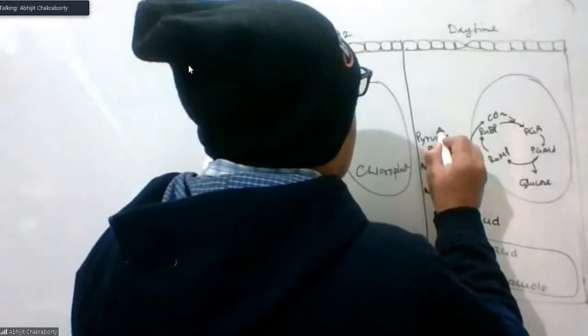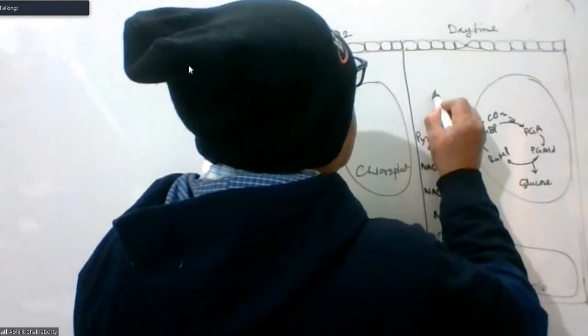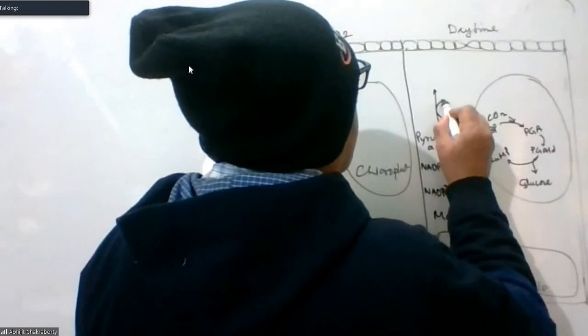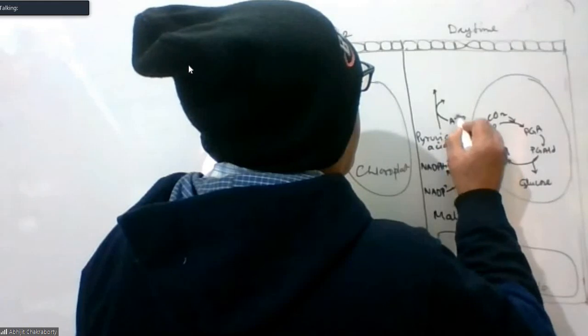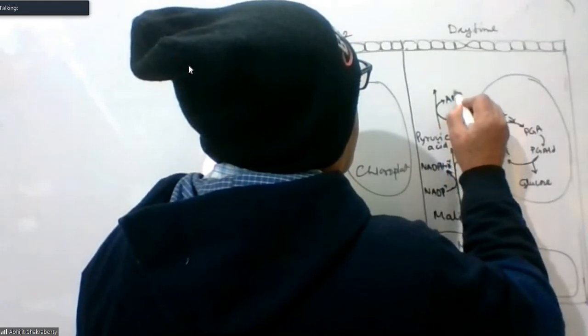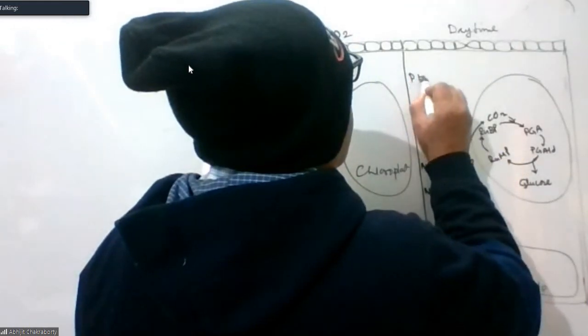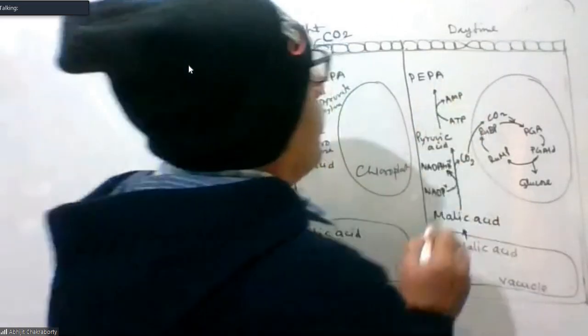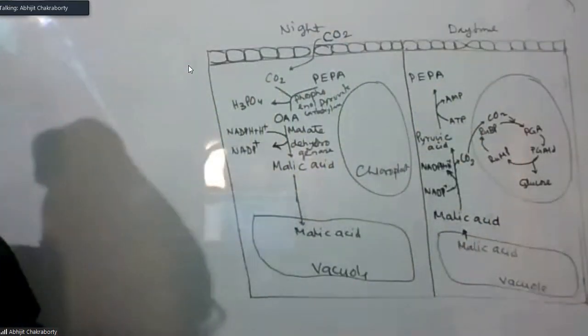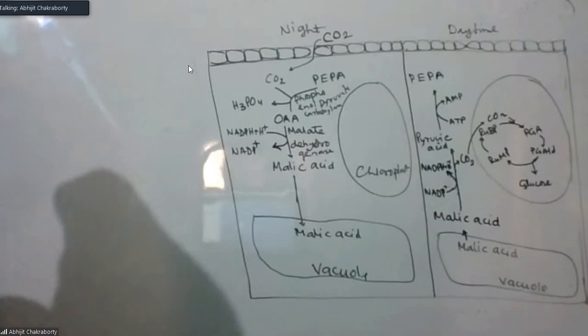Pyruvic acid then forms phosphoenol pyruvic acid. Is it clear?